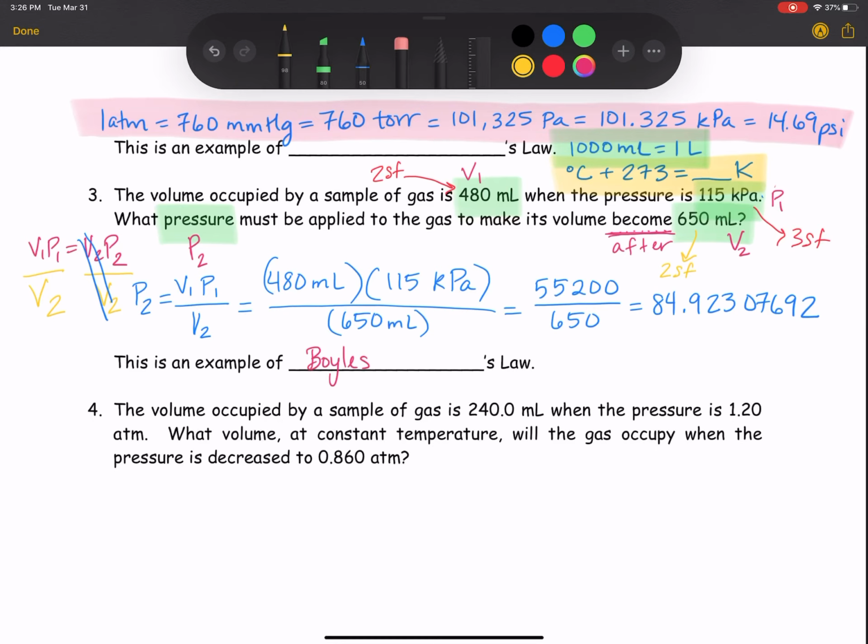So I want to make this really clear for you. When you're going to take a quiz or a test, I'm not going to set up any sig fig values where your lowest sig fig is actually a data you should not have been using. So even if you did say, I'm going to look at 480, 115, and 650, and 480 and 650 both have 2 sig figs, you would have still answered this correctly.